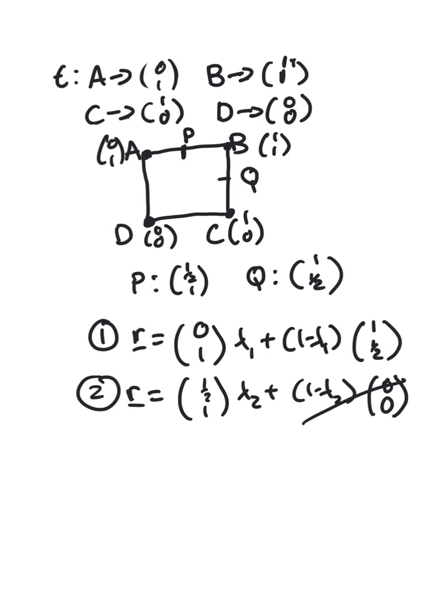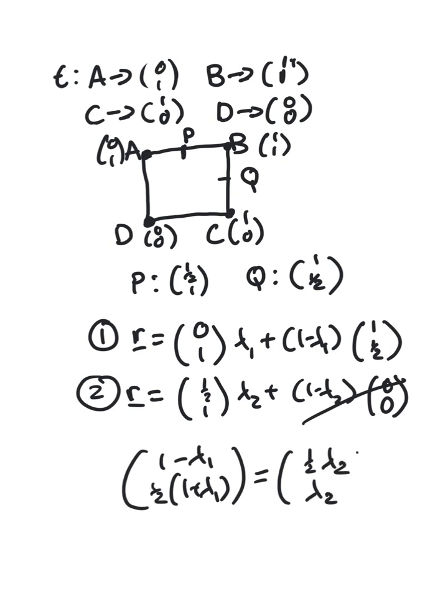And so we now have more information. In fact, our only unknowns now are the lambdas, which is the position we wanted to be in. We also note that we can make these two things equal, because they're both equal to the same point. And so we can further write that 1 minus lambda 1, 1/2 plus lambda 1 is equal to 1/2 lambda 2, lambda 2.